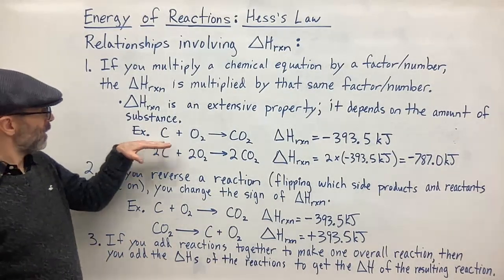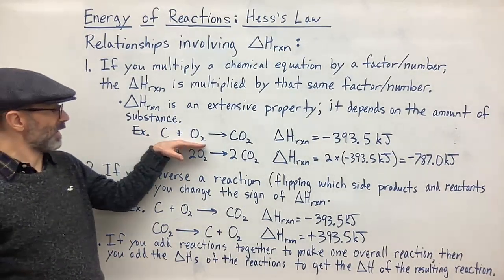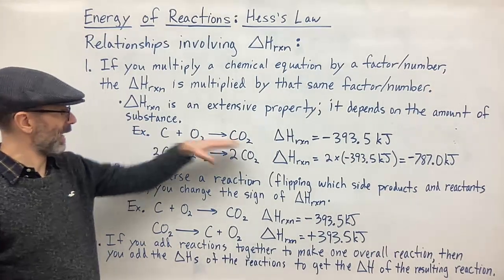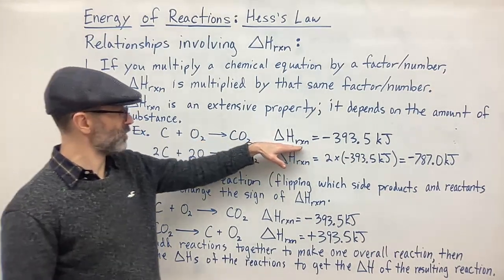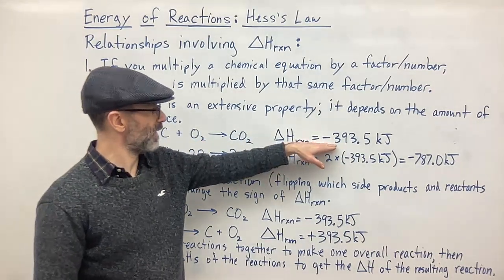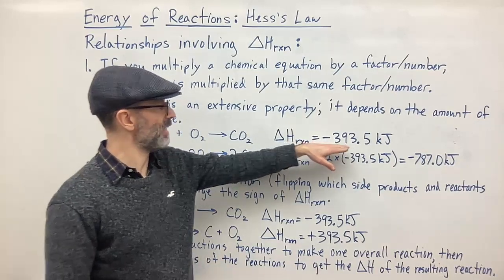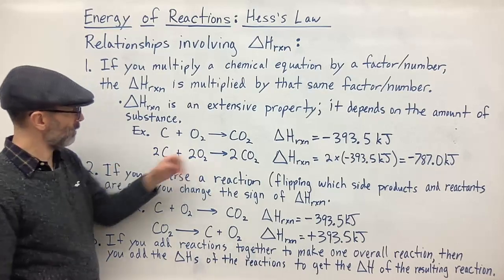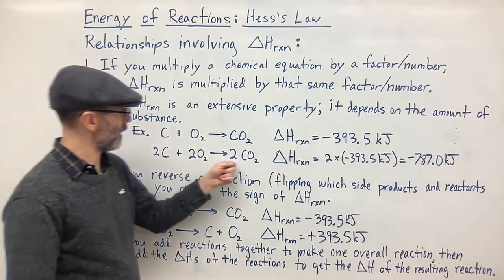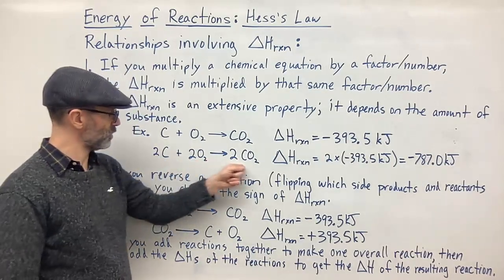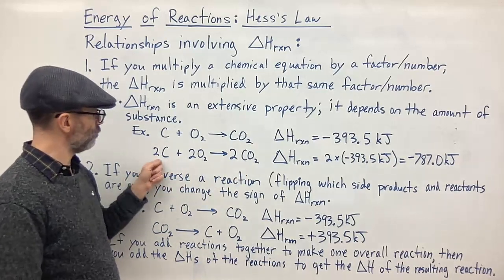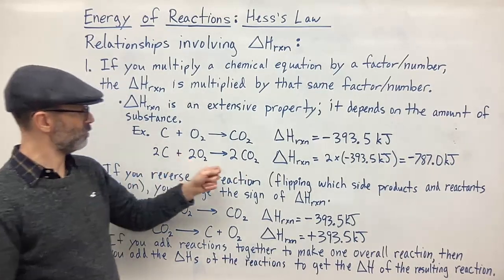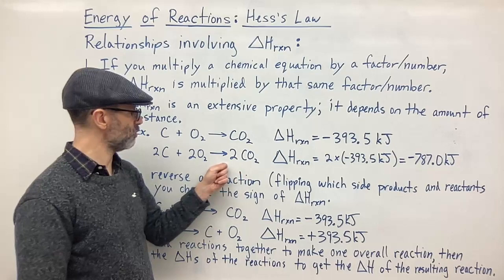So here we have carbon plus oxygen gives us carbon dioxide, and the heat of that reaction is negative 393.5 kilojoules. If we double that, if we multiply the whole equation by 2, then we get 2 carbons plus 2 oxygen molecules gives us 2 carbon dioxide molecules.